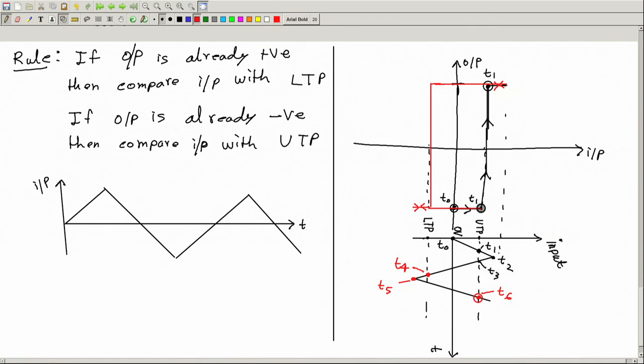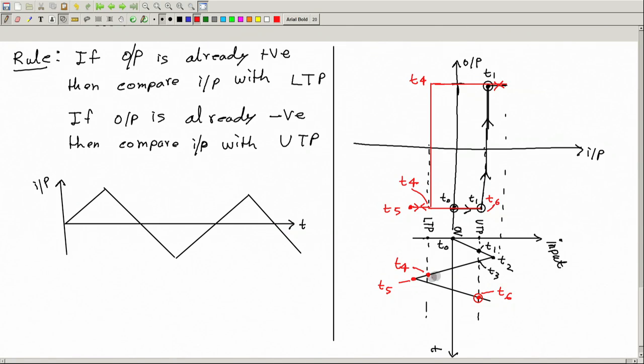I forgot to write these times. This is t4, the time when the input goes below the lower trigger point, so this point is also t4. t5 is this point, and t6 will be this point, same as t1.